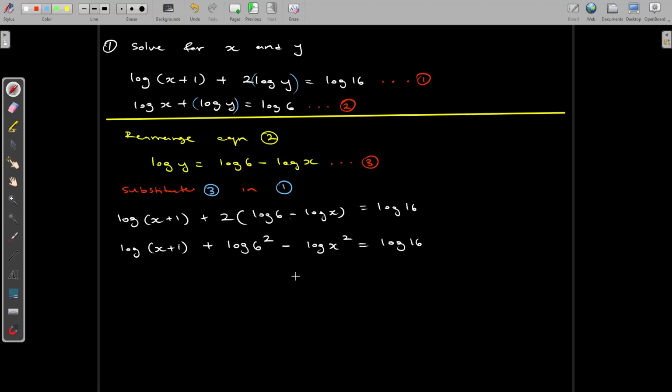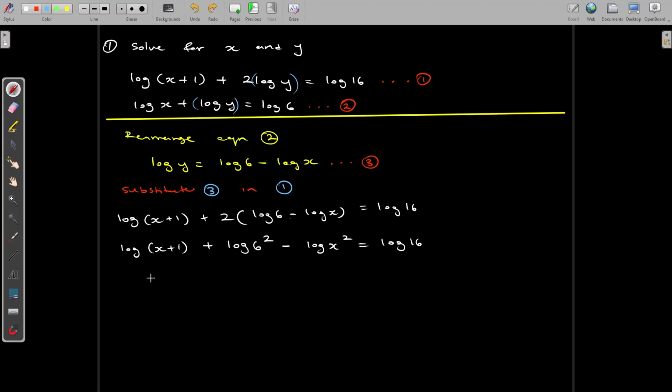Alright, so we're at this point. So we know that everything here is base 10. So we can go ahead and combine everything over on this side. So this is adding, so we know that that's going to be multiplied.